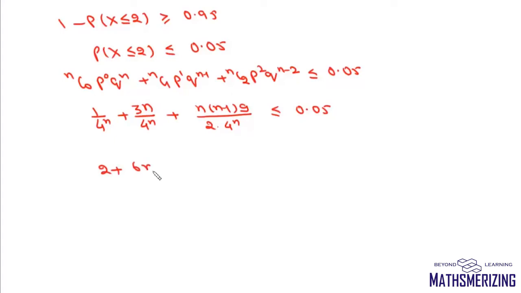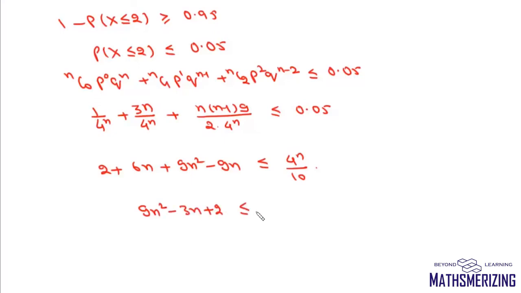2 plus 6n plus 9n square minus 9n. It should be less than or equal to 4 to the power n divided by 10. Or we can write this as 9n square minus 3n plus 2.